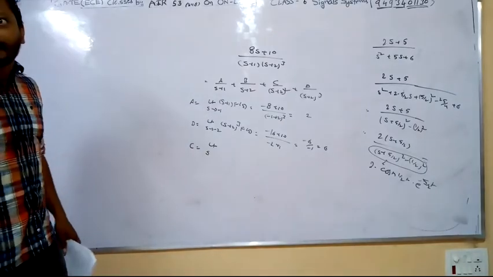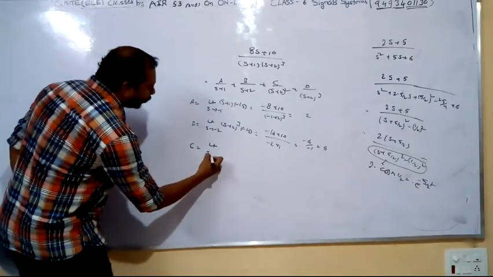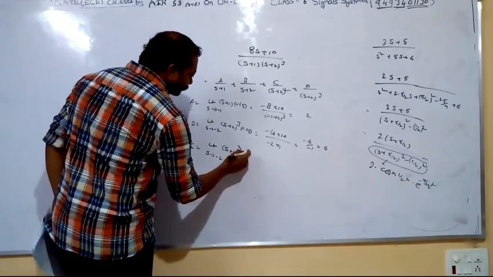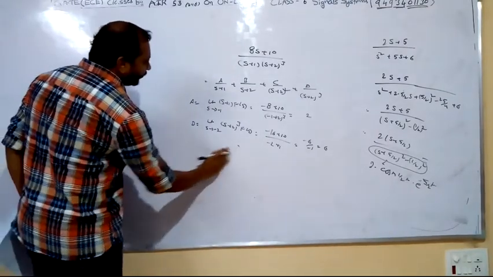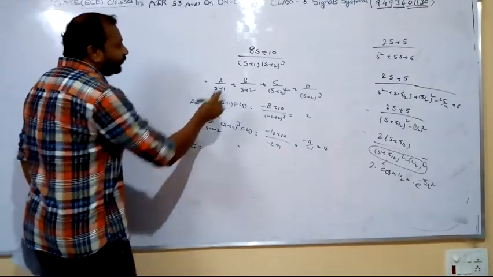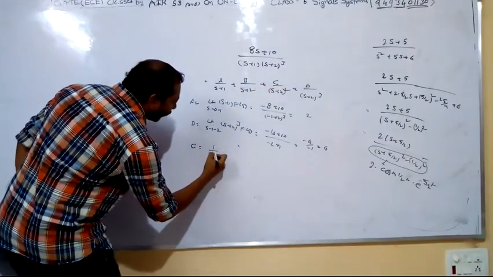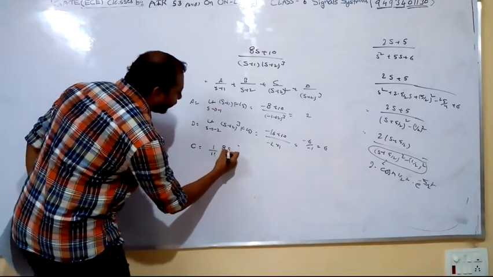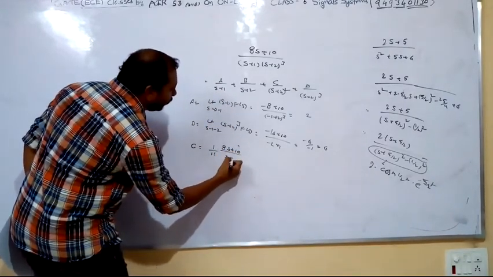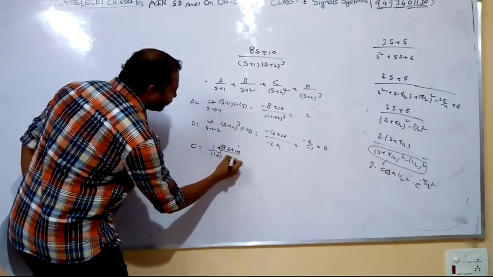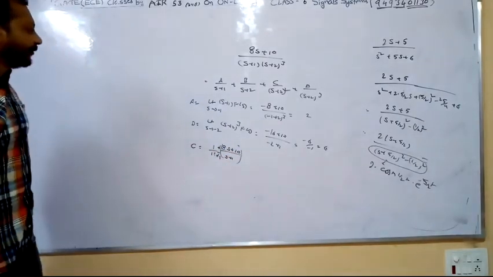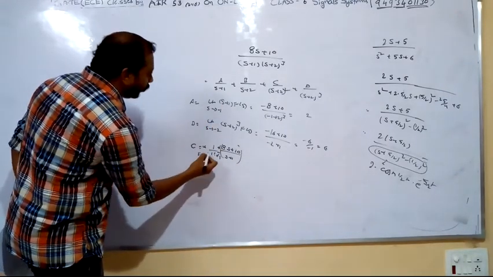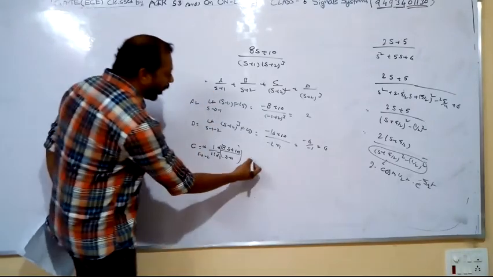For c, how can you write? Already we have seen this in the basics. The limit s tending to minus 2 of (s + 2)^3 times F(s), or otherwise directly you can write this value c equal to, don't be confused, just remove this (s + 2) term and we have 1 by 1 factorial into d by ds of (8s + 10) divided by (s + 1), limit s tending to minus 2.